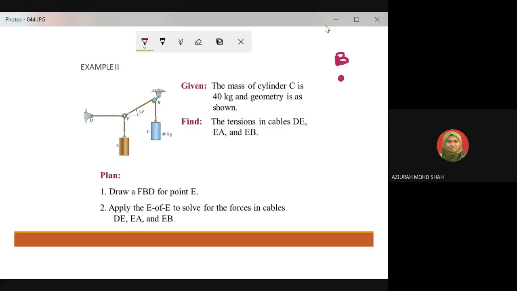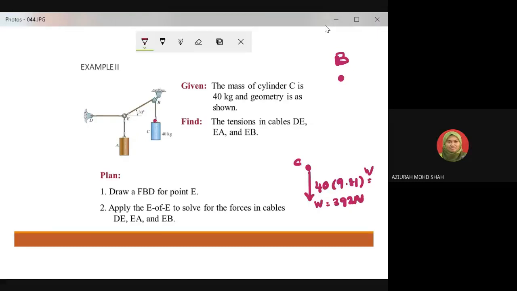Saya cuma tunjukkan dekat point C, silinder C ni, you ada mass 40 times with 9.81. You akan dapat dia berapa? 392. Betul ke salah? Betul.